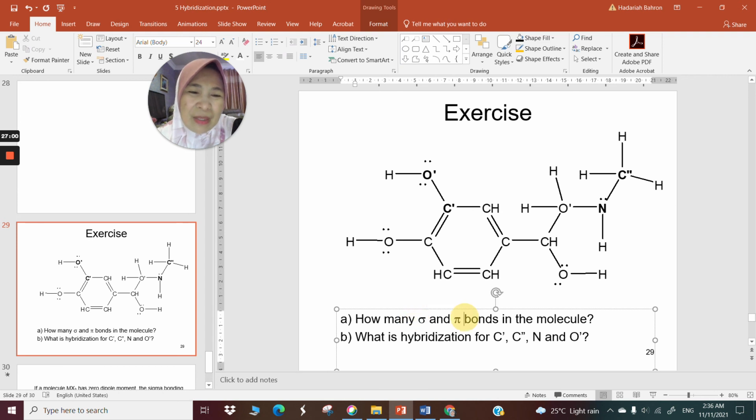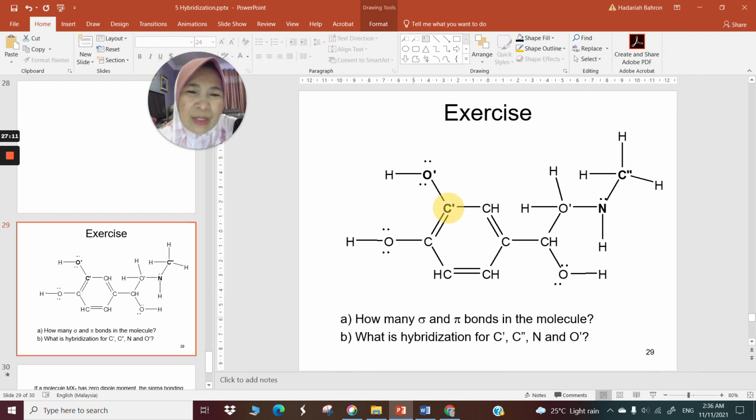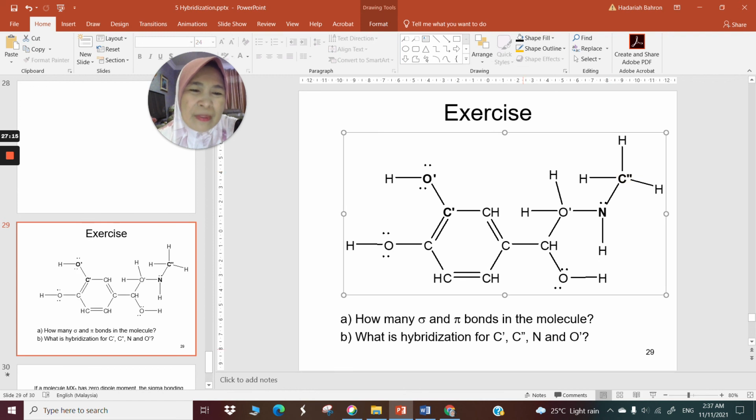Determine how many sigma and pi bonds are in this molecule, and determine the hybridization of C prime, C double prime, N, and O prime. How are you going to do that? You can discuss among yourselves and give me the answer, and I am going to tell you whether you have answered it correctly.